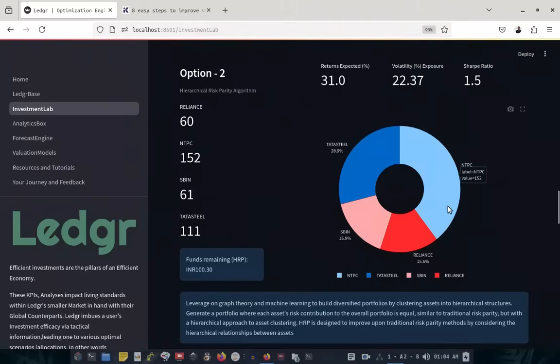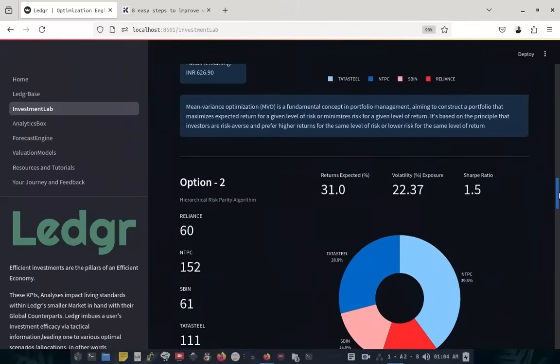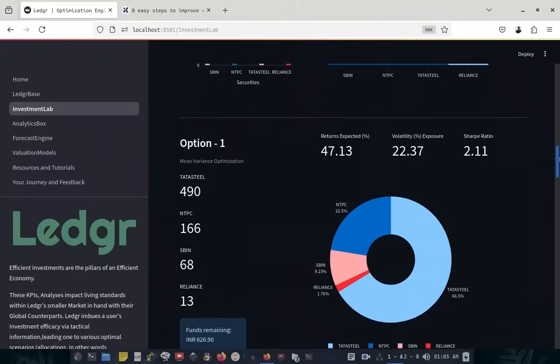And it also gives you an optimized allocation according to the efficient frontier and our analysis. It also gives you its calculated Sharpe ratio. Here it says 31%, whereas the first one was around 47.13%.